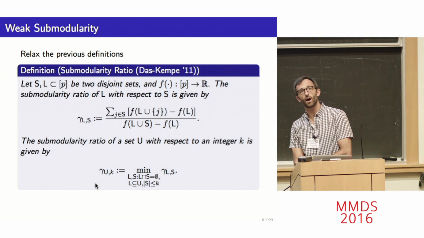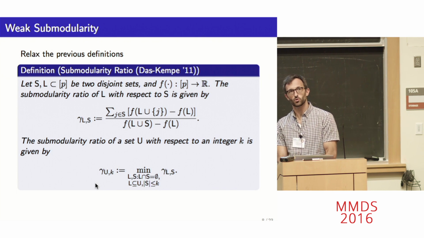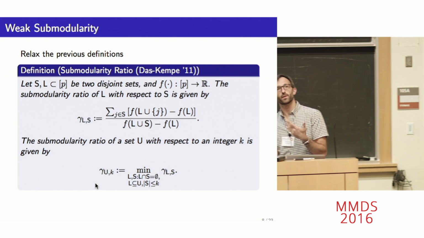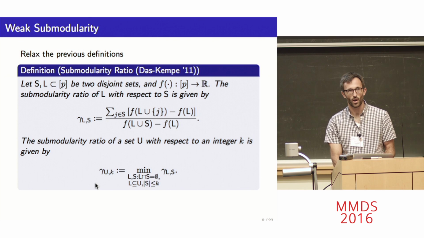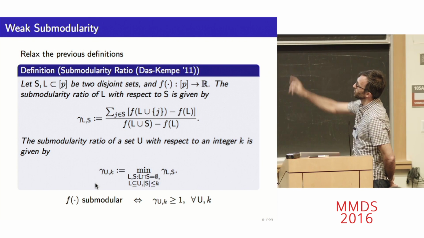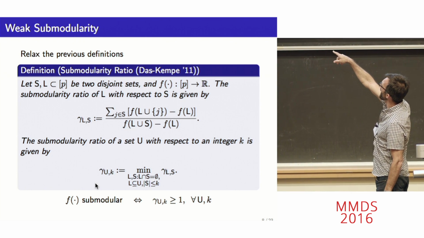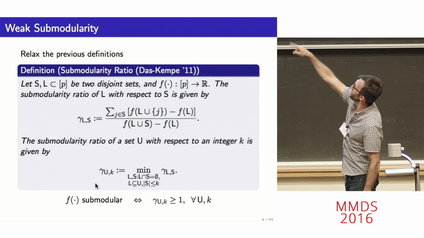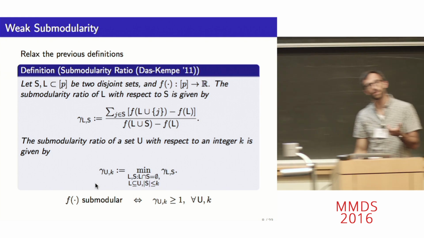We're basically going to allow values of gamma LS that are less than 1, which weakens the notion of submodularity, and Alex's results then depend on how much less than 1 this gamma is. Okay, so this is the idea. F is submodular if and only if gamma UK is greater than or equal to 1 for all U and K. I was saying gamma LS up there. Gamma UK is just taking a min over S of cardinality K.